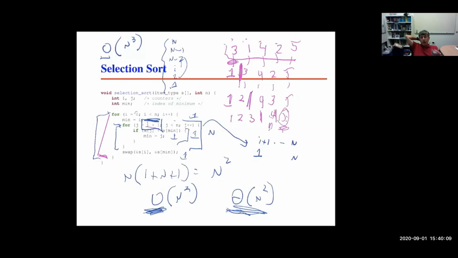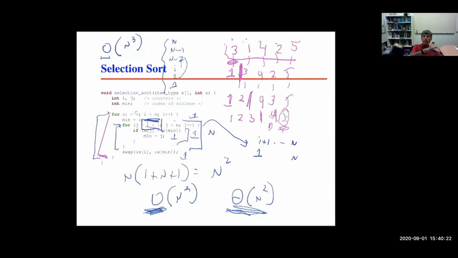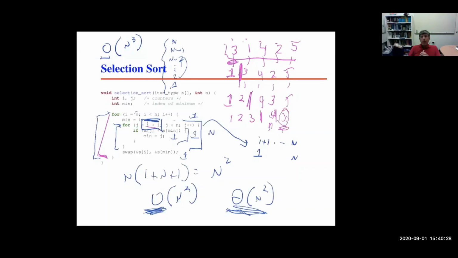Of course, something that goes around n over 2 times is going around theta of n times. Does everybody agree? Yeah. Because there's a constant, 1 over 2, that's less than it, and a constant, 1, that is n times n that is greater than it. Any questions?